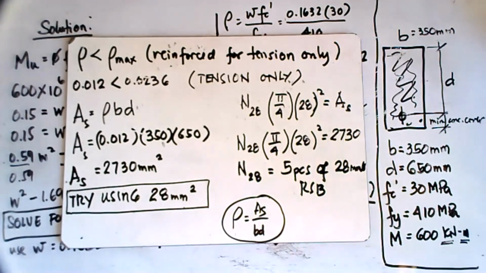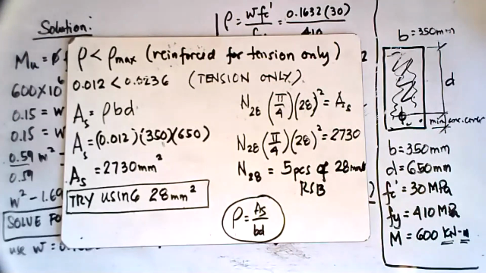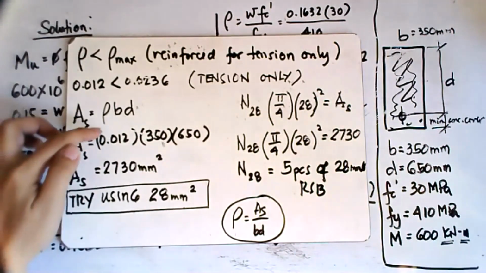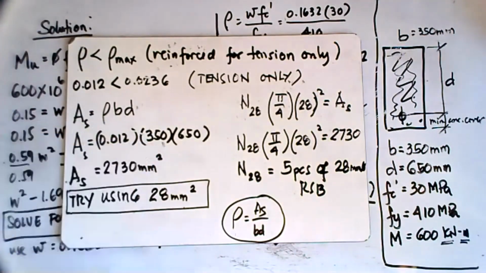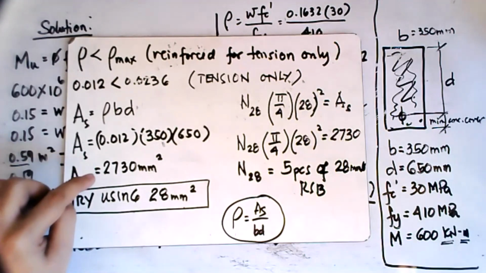So in this particular case, since we are going to use the steel concrete ratio of 0.012, you multiply it by the width of the beam, which is 350 mm, and the depth of the beam, which is 650 mm. So the area is 2,730 square millimeter.